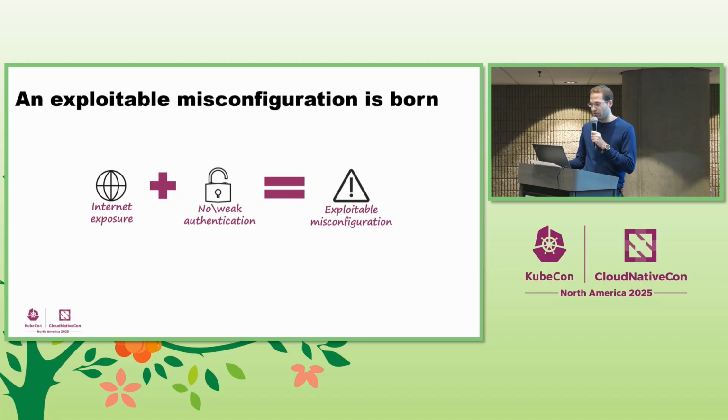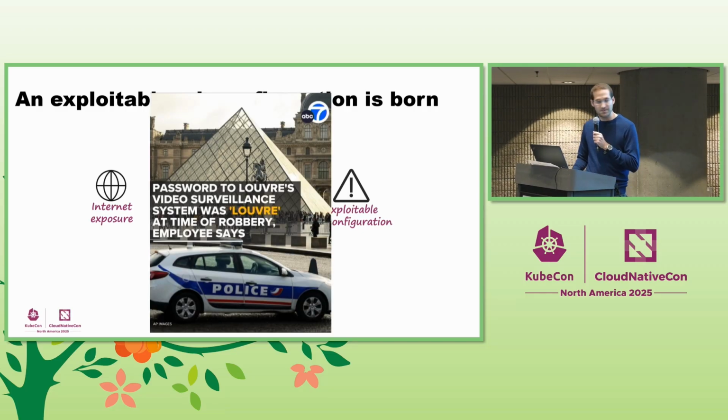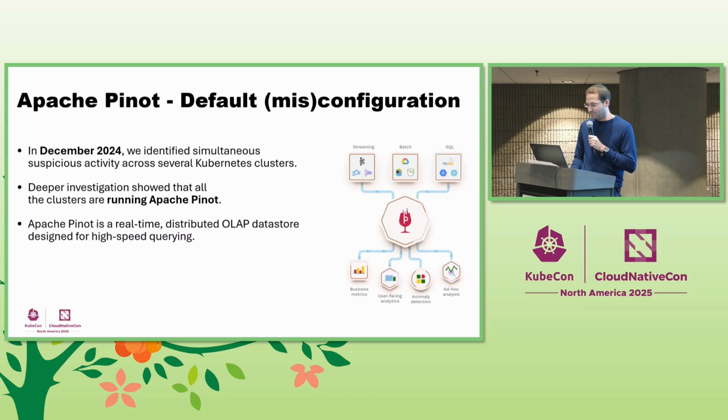The first is internet exposure, and the second is very weak authentication or no authentication at all. Misconfigurations are basically everywhere. So now let's move on to the first finding.